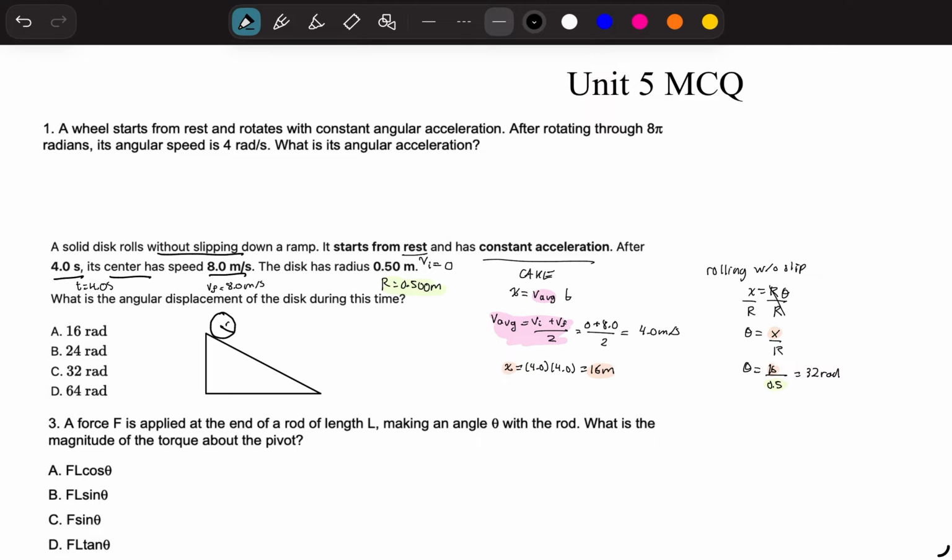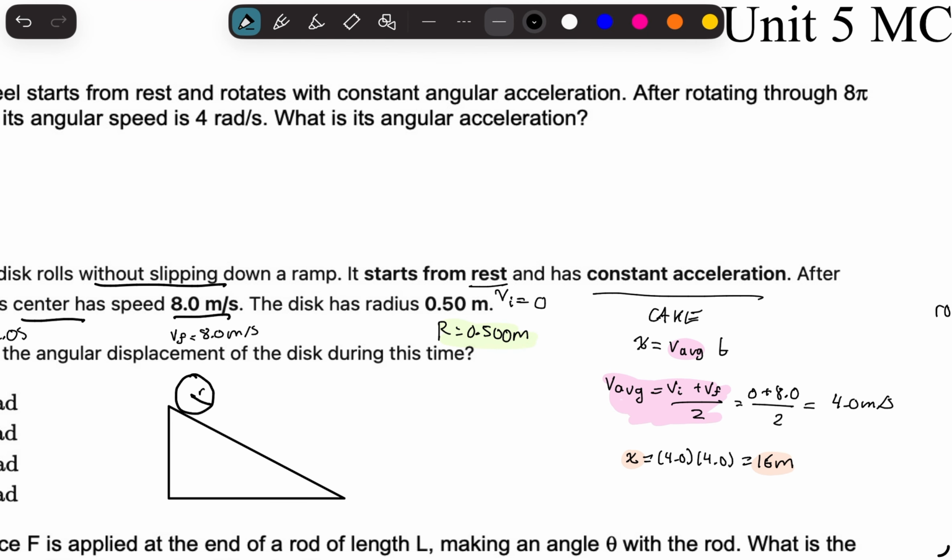After rotating through 8 pi radians, its angular speed is 4 rad per second. What is the angular acceleration? So you have to use the right rotational kinematics equation, which is that omega f squared is equal to omega initial squared plus 2 times alpha times the change in your angle, theta.